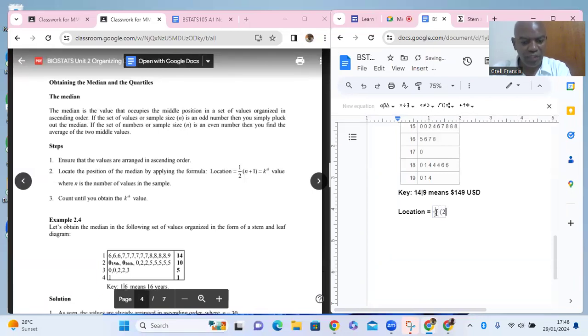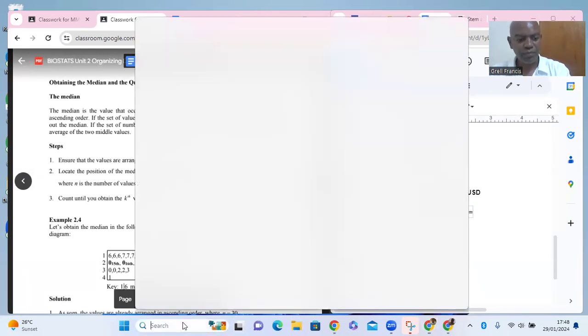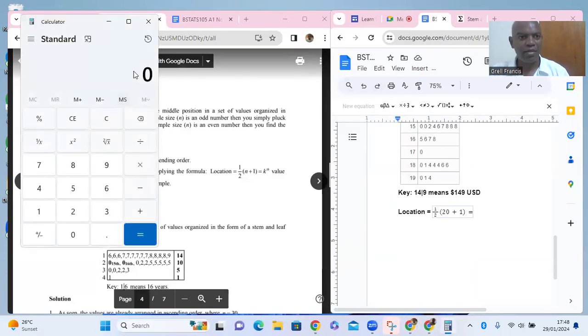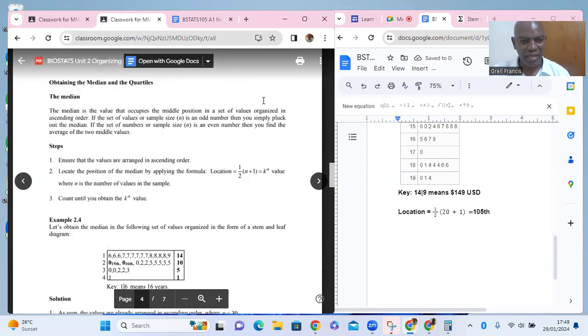Open bracket, 20 plus 1. And let's briefly calculate this. Right, so a half of 21. 1 divided by 2 times 21, 10.5. So we are looking for the 10.5th value. That would be where my median is located.